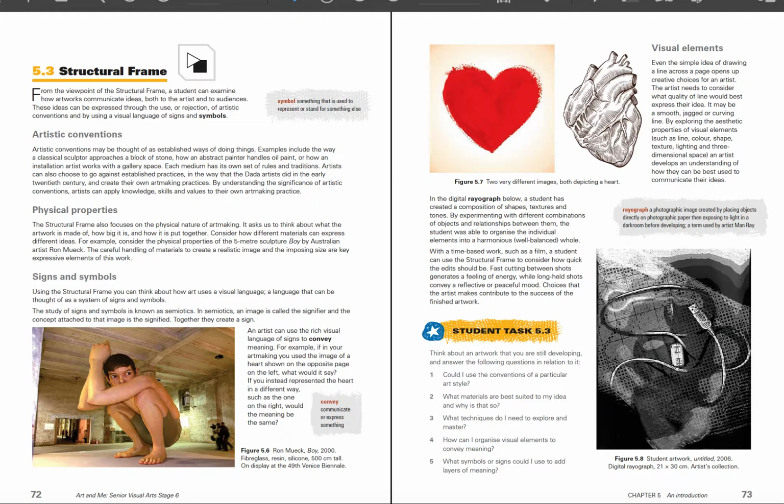With a time-based work such as film, you, the student, can use the structural frame to consider how long the edits should be. Fast cutting between shots generates a feeling of energy, while long-held shots convey a reflective or peaceful mood. Choices that the artist makes contribute to the success of the finished artwork. Film is really great as an expressive form.